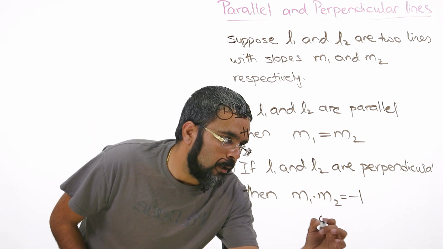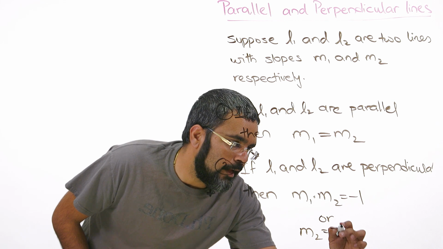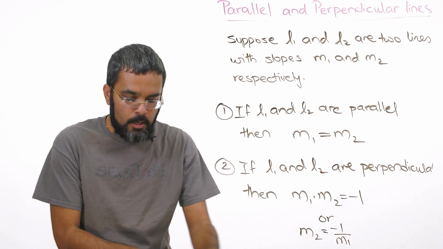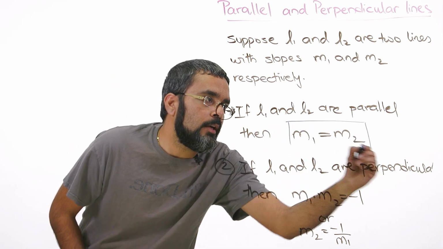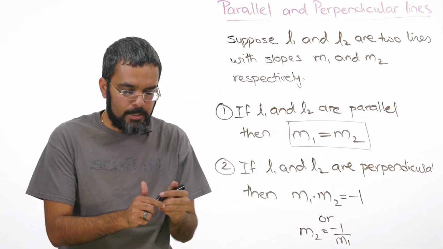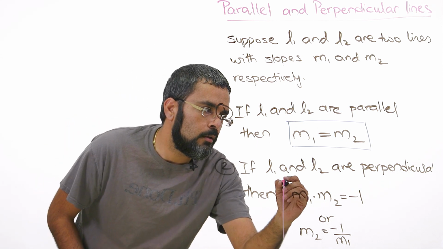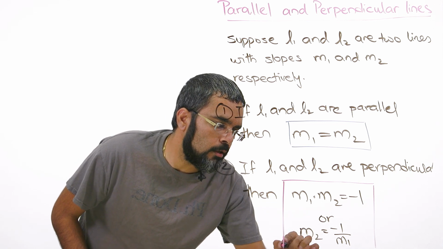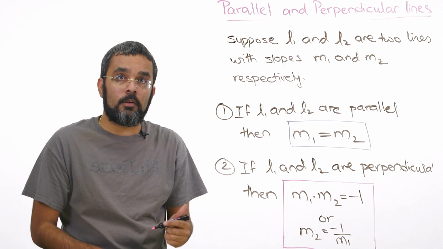Or you can also think about it as M2 equals -1 over M1. Okay, so remember this is going to be important. If the two slopes are equal, then we say that the lines are parallel, and if the two slopes are negative reciprocals of each other, then we say that the lines are perpendicular to each other.